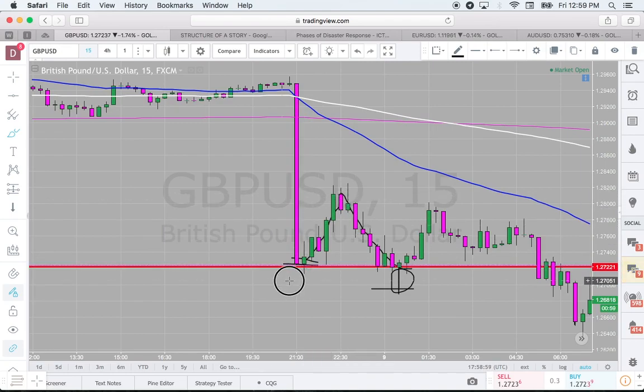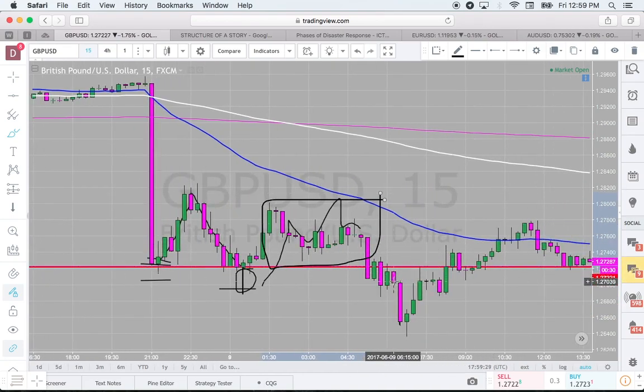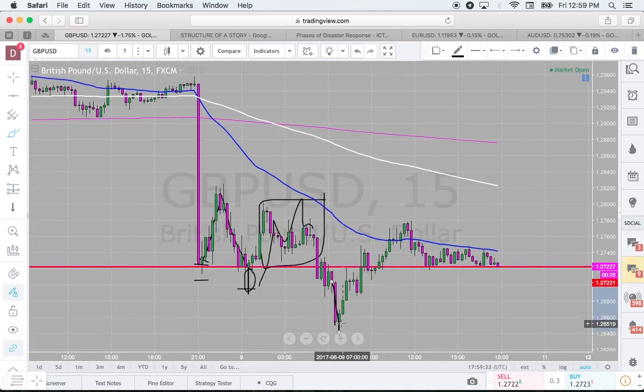Let's say the buyer had his stop loss here. What happened? The buyer showed the seller profit and at the same time hit the stop loss of the buyer. And then price came up and worked again in this area before spiking the low once more, stop hunting, and then coming up again.